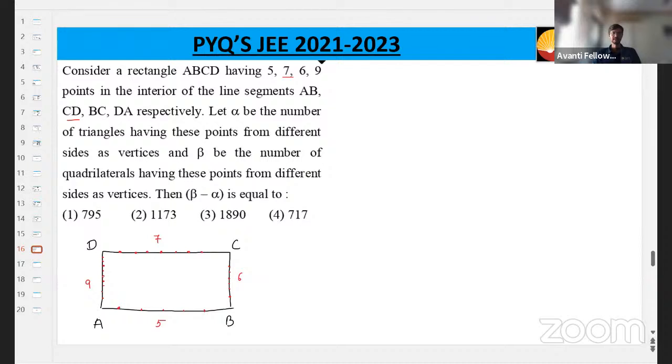So what are we going to do? Let's say we'll have to make cases, right? So alpha will be equal to case 1. First case will be that we took sides AB, BC and CD.